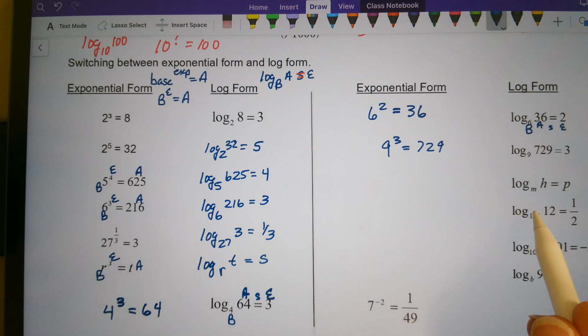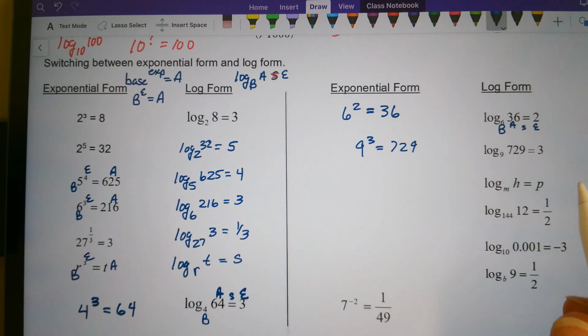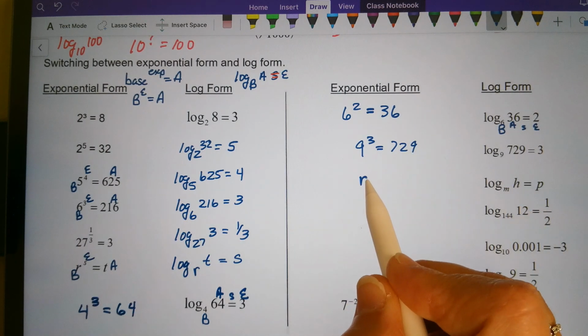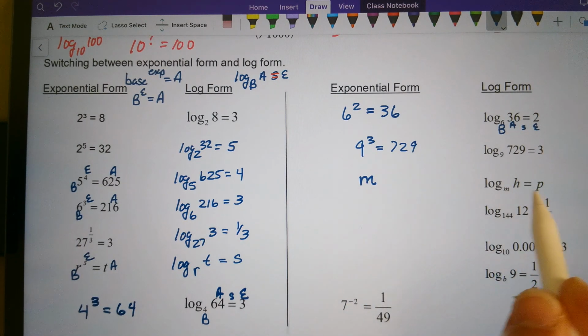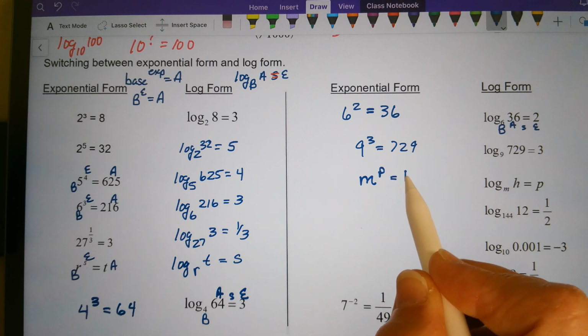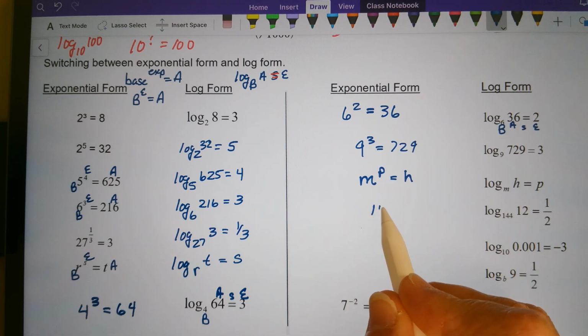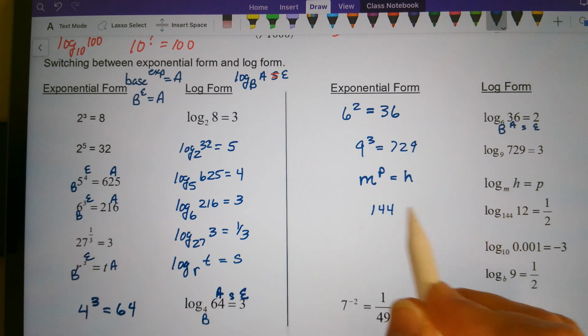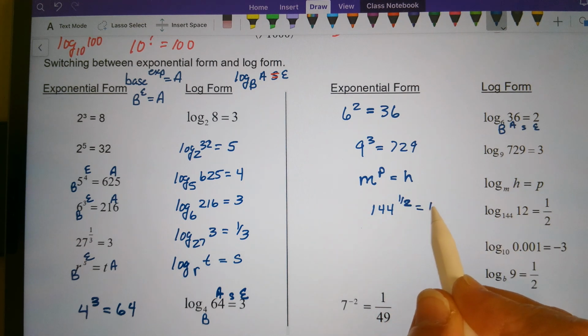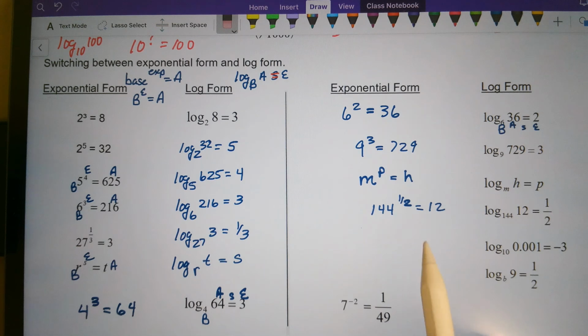Log base M of H equals P. Base M to the exponent P equals H. Log base 144 of 12 equals a half. Base is 144, exponent 1/2 equals 12. And that's correct as well.